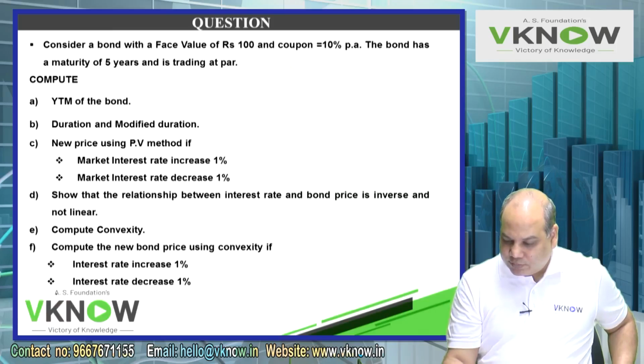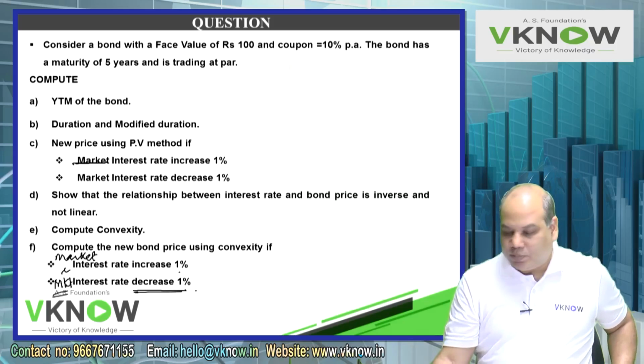Then compute convexity. And then compute the new bond price using convexity, if market interest rate increases by 1%, if market interest rate decreases by 1%.